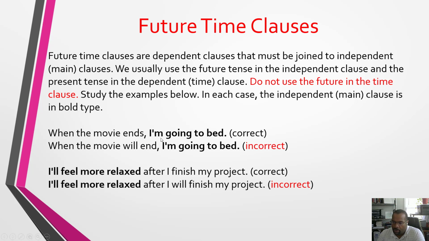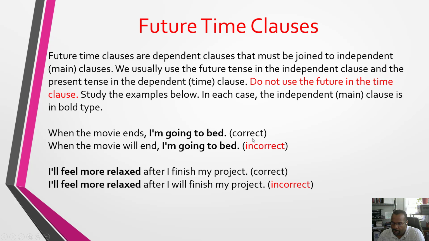So when the movie ends, that's our present tense, and this is our dependent clause. I'm going to bed is our independent clause, and it's in the future tense. I am or I'm going to bed.